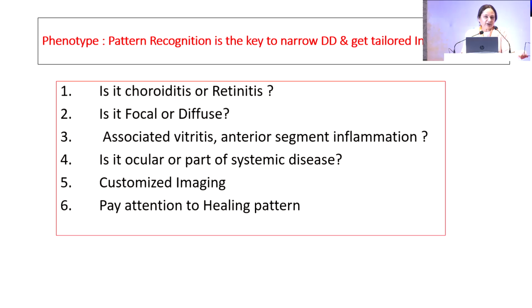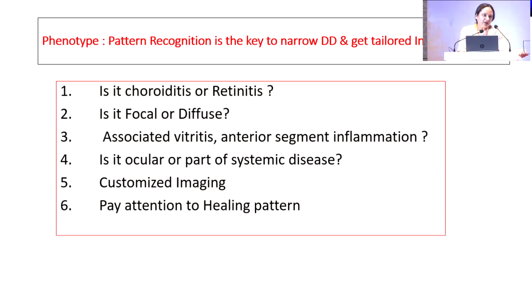If it is retinitis or choroiditis, is it just a focal lesion or is it diffuse? Then you come back and see, is there any associated inflammation in the vitreous or anterior segment? Look at the patient as a whole. Is the disease confined only to the eye, or are there any systemic diseases?